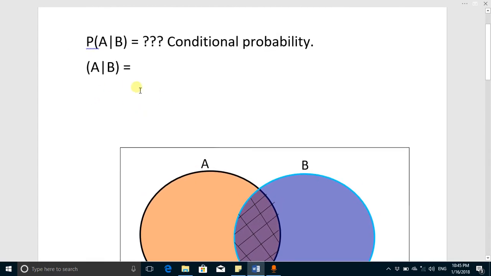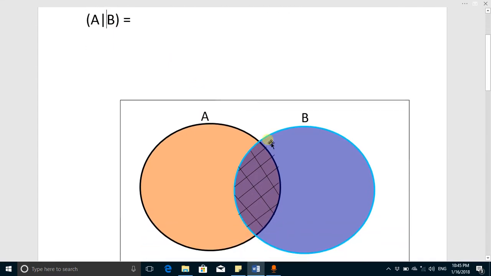It says given we have B, so this blue circle represents B, and given we have B, we have to find A. So A given B means we are trying to find that A which is shared by this B. So that A should be included in the B because the condition is given we have B.